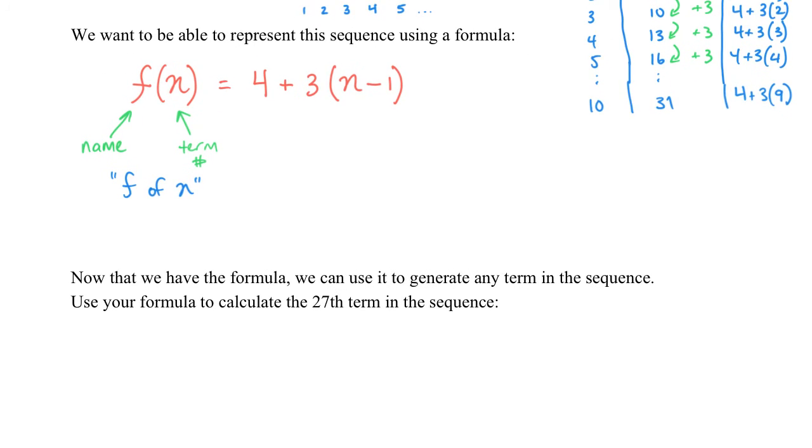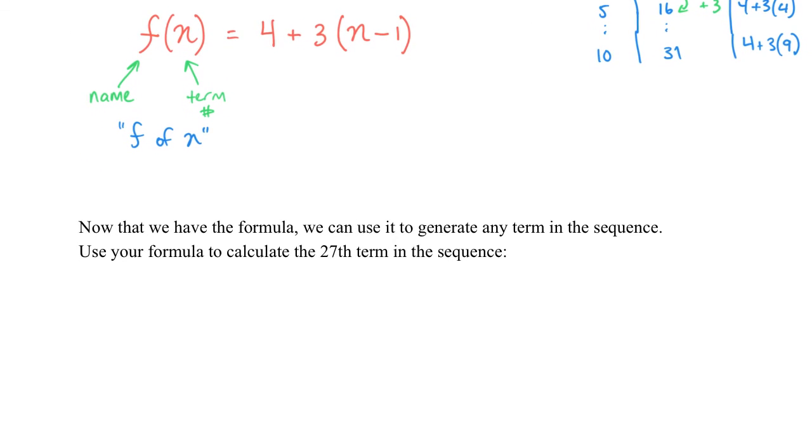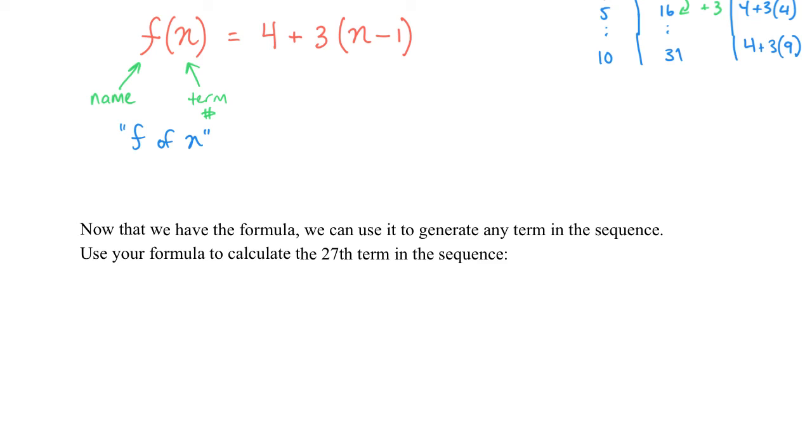So we're going to move this up, and we're actually going to use our sequence to find the 27th term, which is what they're asking us to find. So here's my general formula. I want the 27th term, so that's going to go in for n. So this says f of 27, which means what is the value of the 27th term?